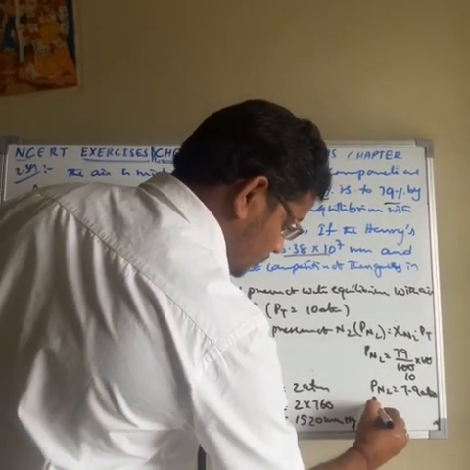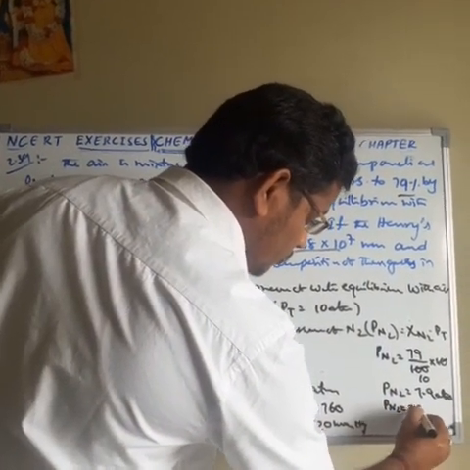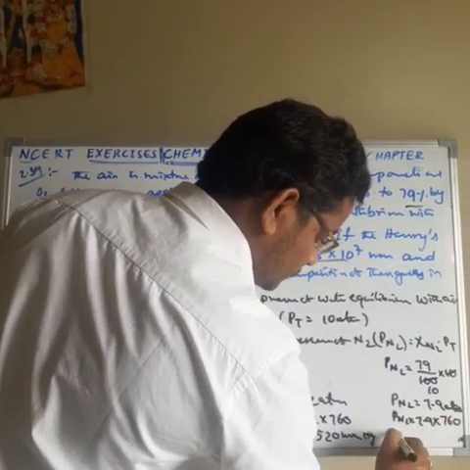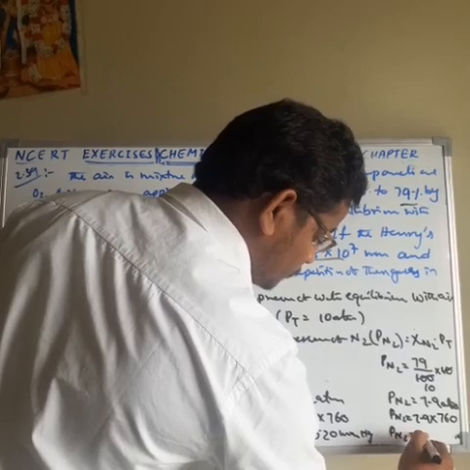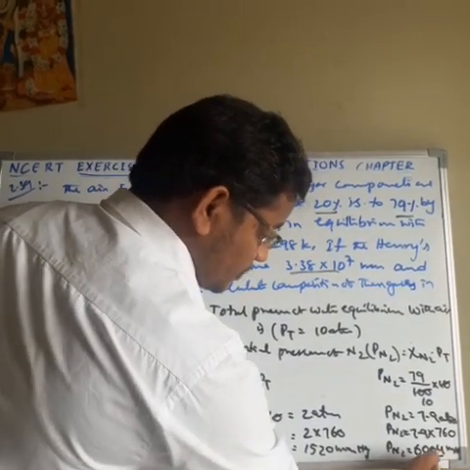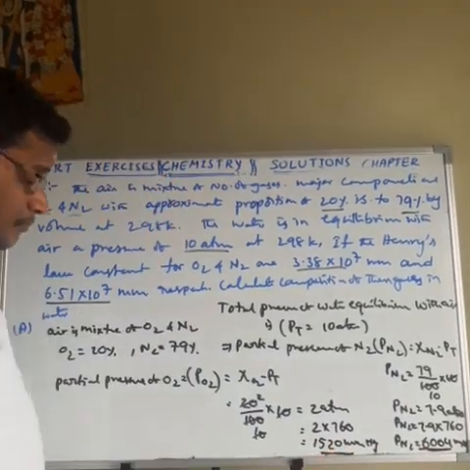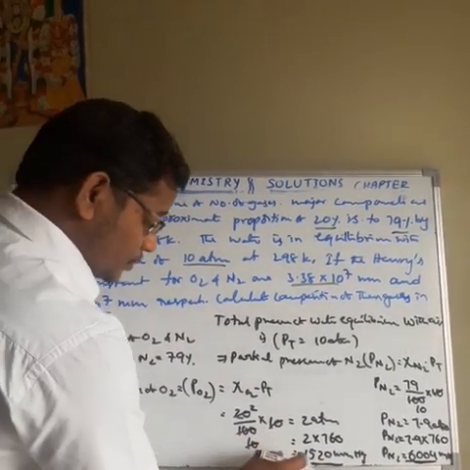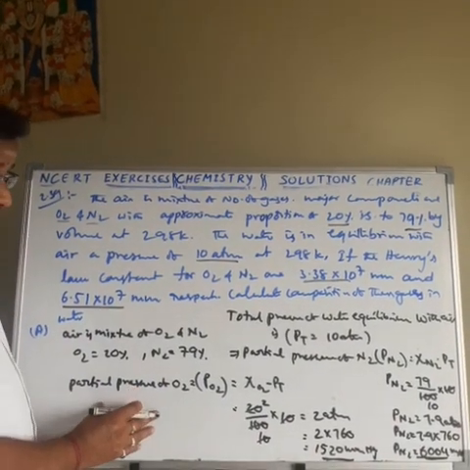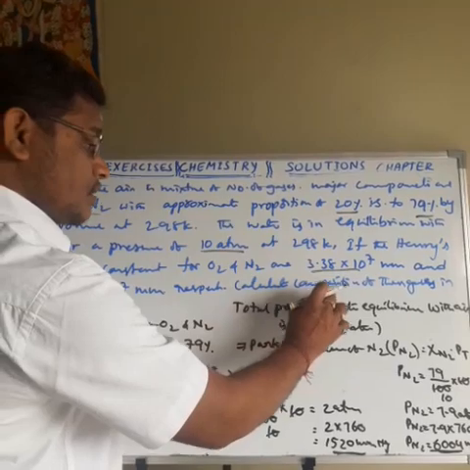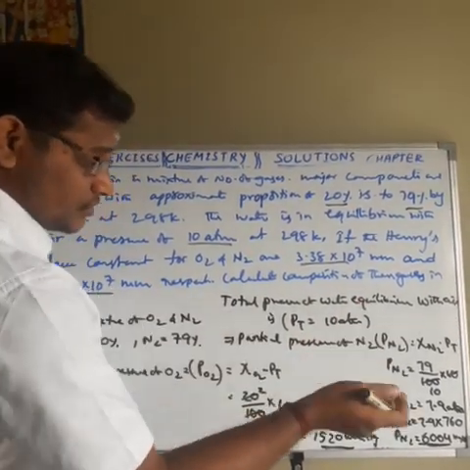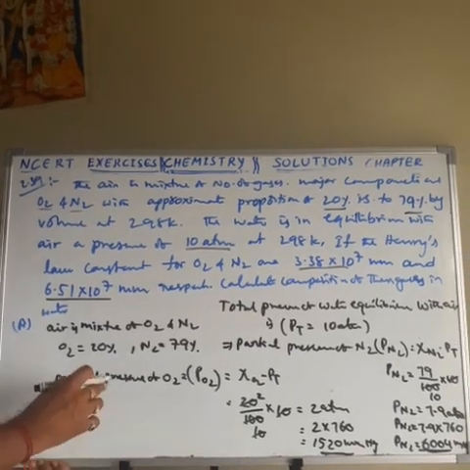Like that, the partial pressure of N2 is 7.9 into 760, which is 6004 mm of Hg. So these are the partial pressures of N2 and O2. Next, using these values, we have to calculate the composition of oxygen and nitrogen present in the water by using Henry's law.